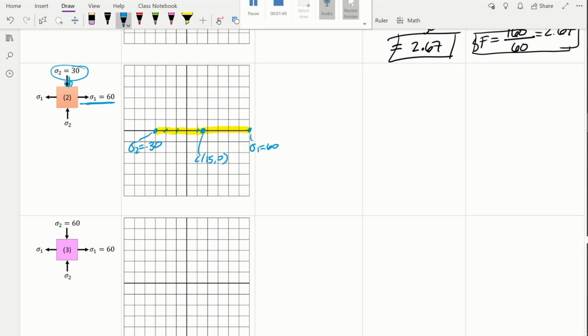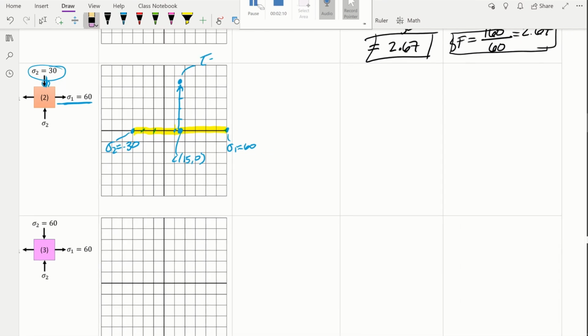Right? Remember, our radius was 45. So if I draw a line straight up, 10, 20, 30, 45. Right? This is going to take us here to this point. Sorry, I'm getting ahead of myself, hold on. So this point is going to be a value of sigma of 15 and a tau of 45.